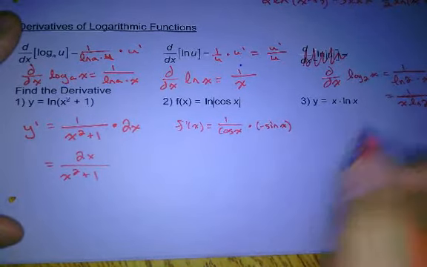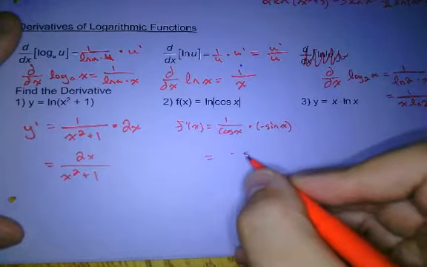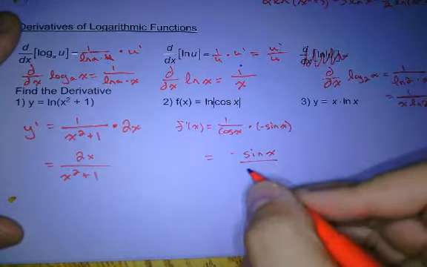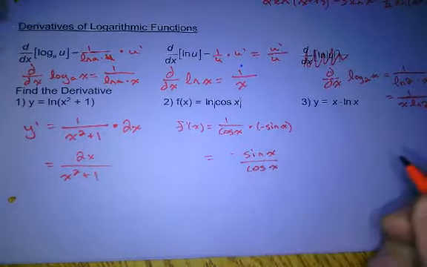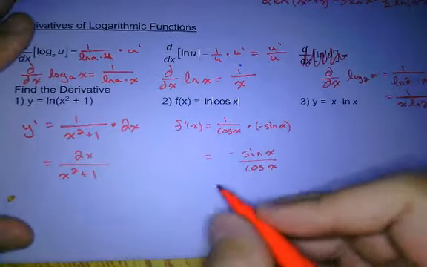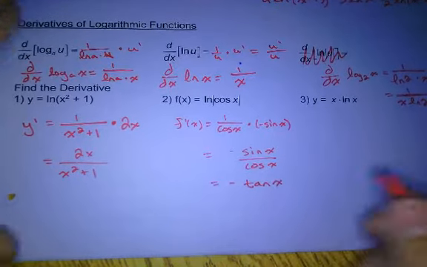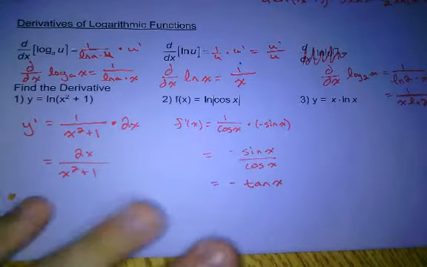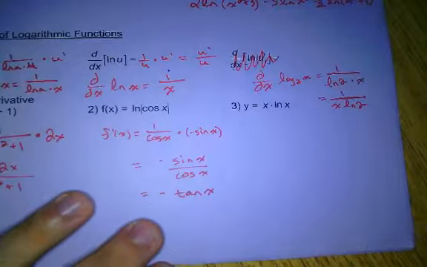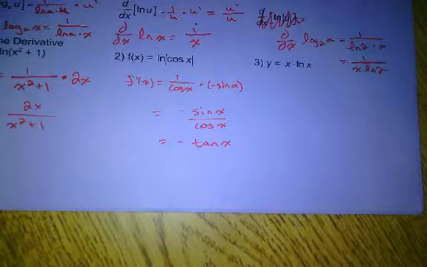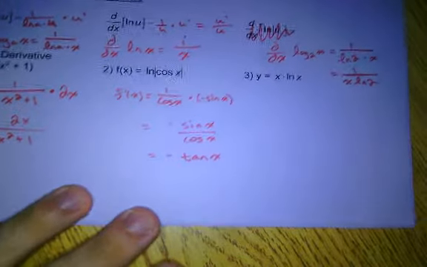Negative sine of x. Rewrite it because it's trig, so I bet you that won't be the answer. Negative sine over cosine, which is negative tangent. It's beautiful. All right, number 3.